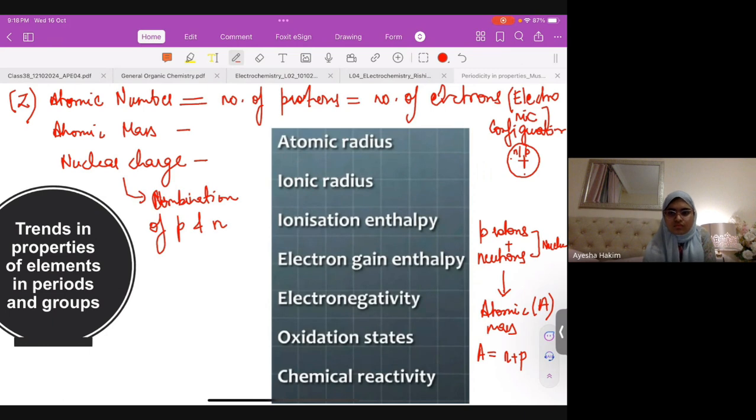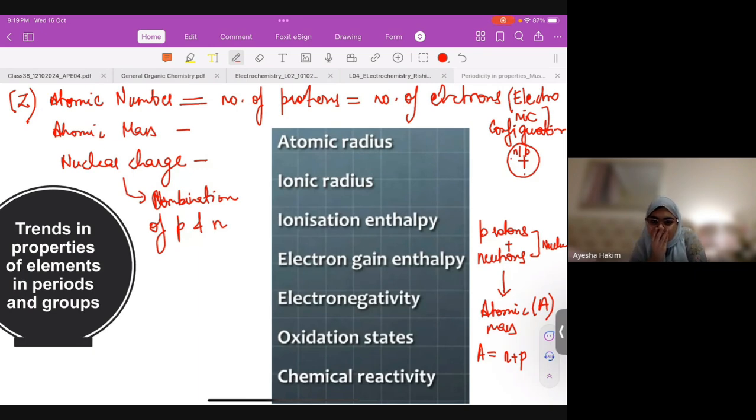Okay, clear. Now, my periodic table is there, but scientists were doing some experiments and trying to understand several physical and chemical properties. So you know that the chemical property of any element will depend on what?